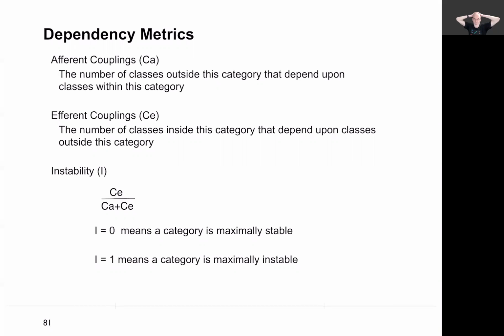Well, think about it. There's two extreme cases. One extreme case is like the JSON library. That library does not depend upon anybody else, and everyone else depends upon it, right?